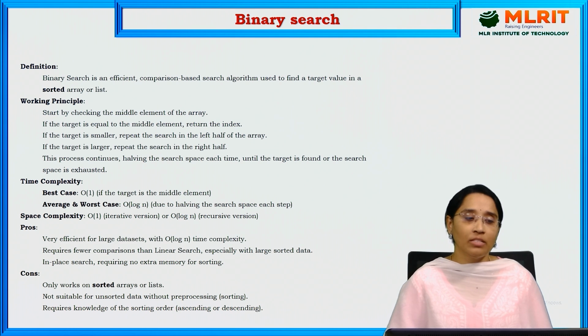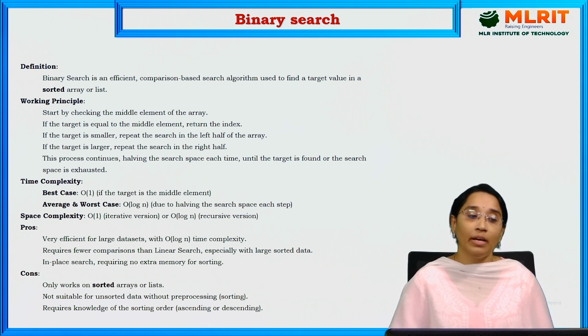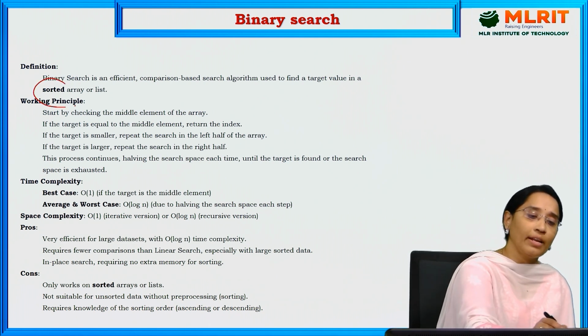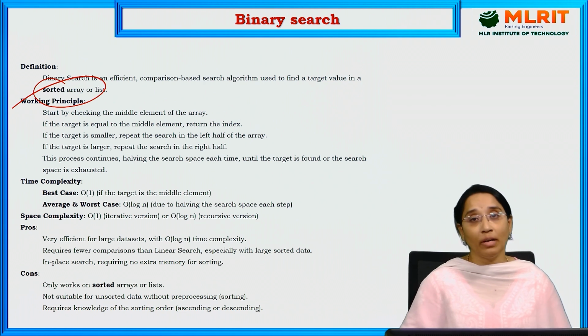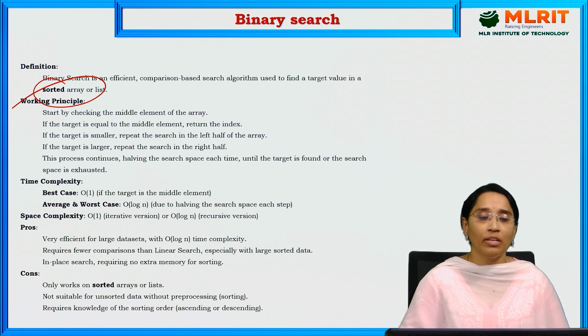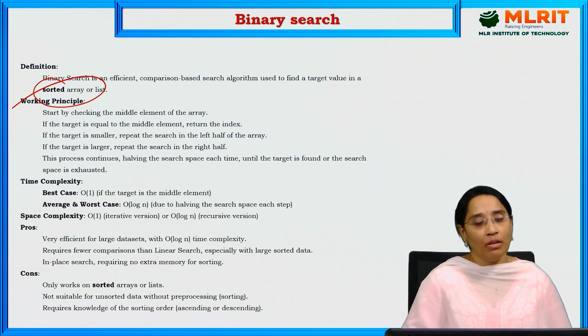In linear search there is no rule that the array should be in sorted order. But in binary search, your array should be in sorted order only. Then only you can implement the binary search technique. So the first rule here is that your array should be in sorted order, then only you can apply binary search on the given array elements.